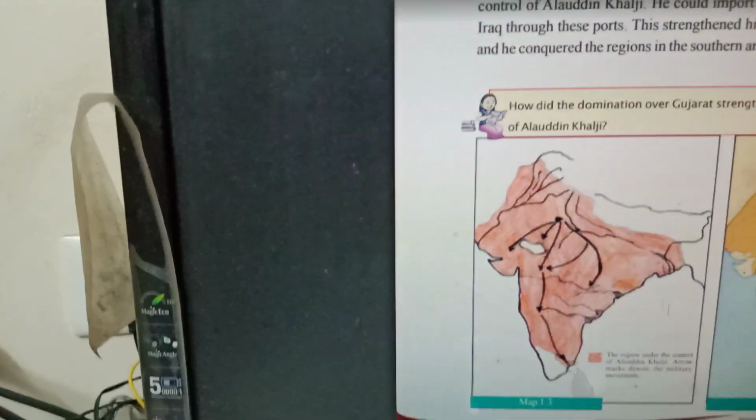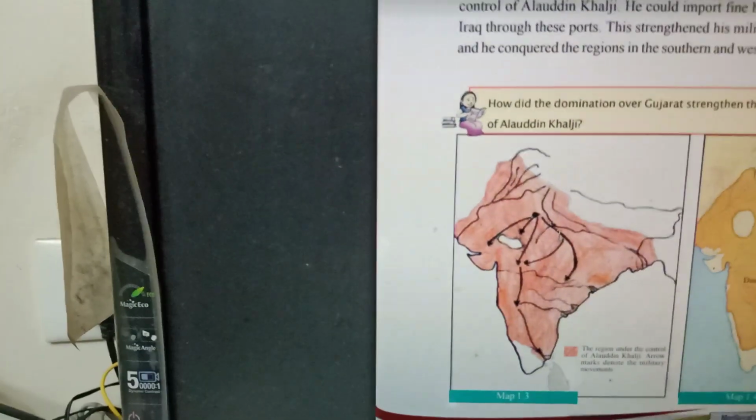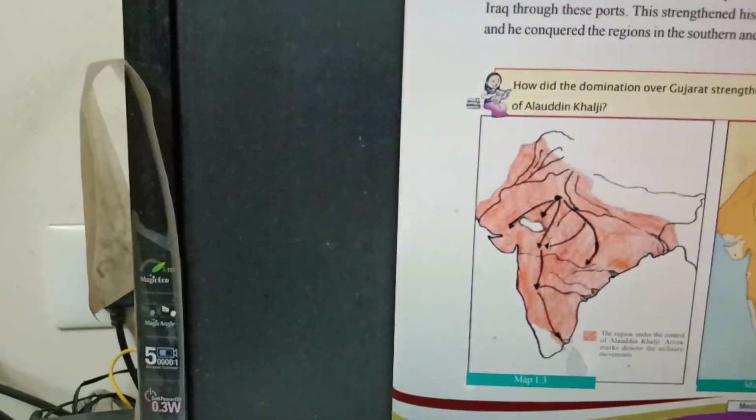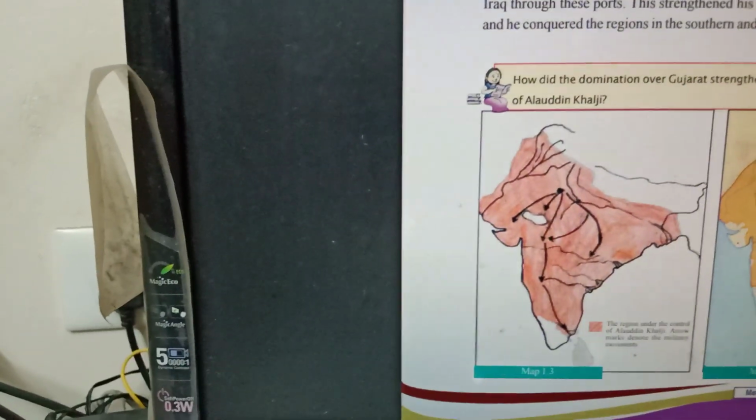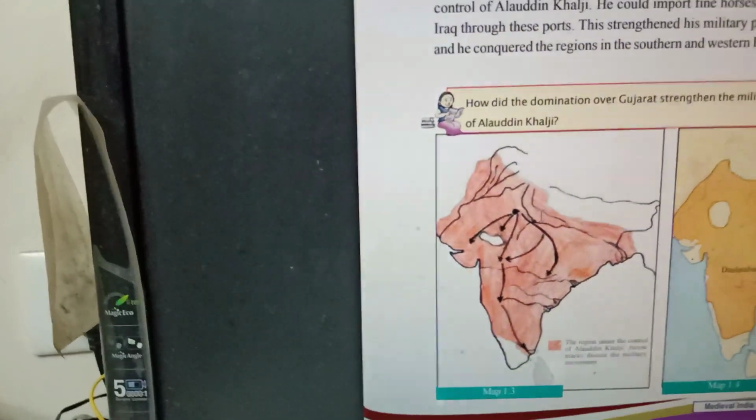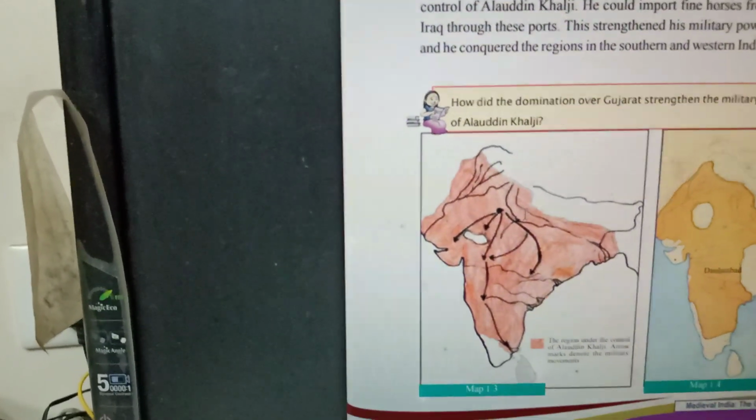This is the map of the kingdom of Alauddin Khilji. This red portion shows the areas which were under the control of Alauddin Khilji. You can see that a major portion of India was under the control of Alauddin Khilji.